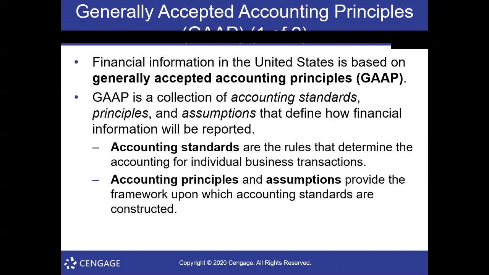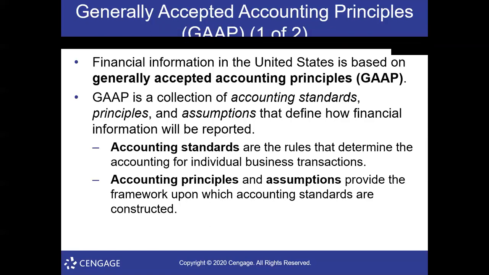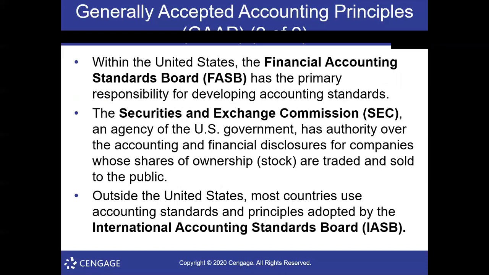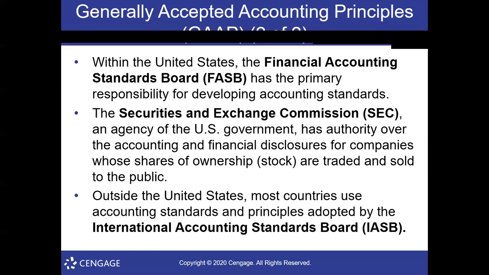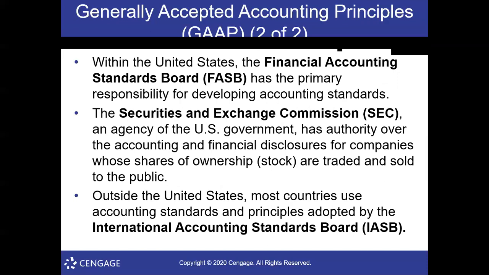It is a collection of standards, principles, and assumptions that are put forth and approved and periodically modified by the Financial Accounting Standards Board. This is an independent board made up of governmental, educators, and public accounting and private accounting executives that sit on this board.